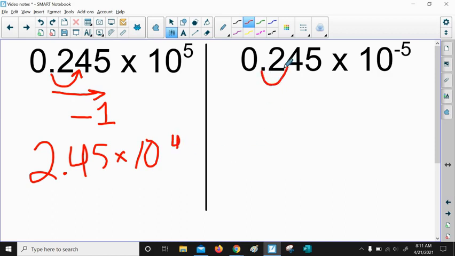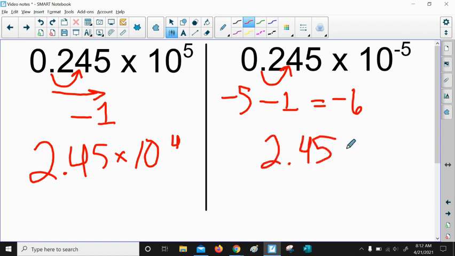In this example, again, I'm moving one spot to the right, so I have to subtract 1 from the power. -5 minus 1 is going to be a -6. 2.45 times 10 to the -6. So now my numbers are in scientific notation.